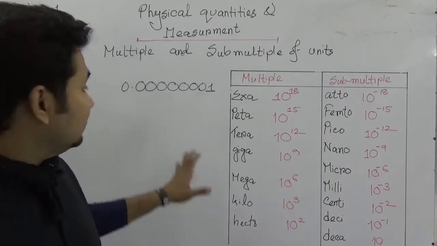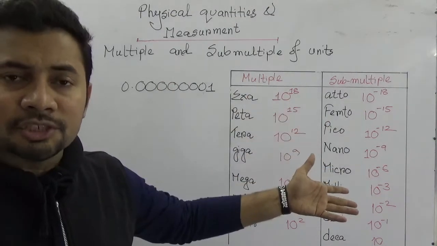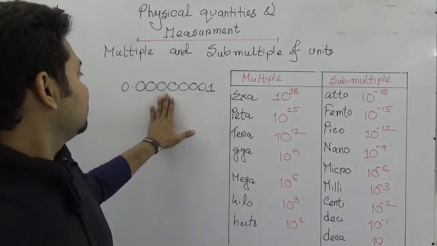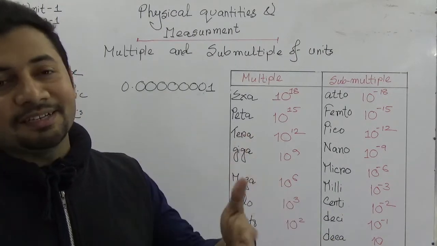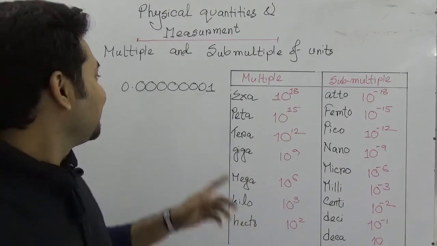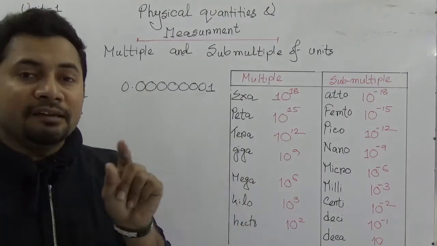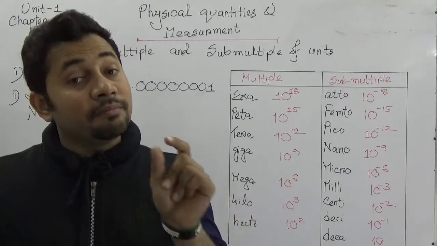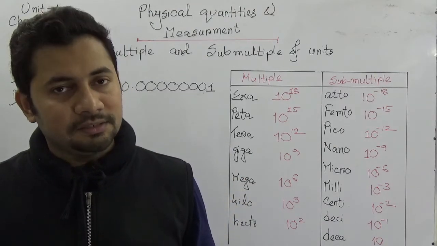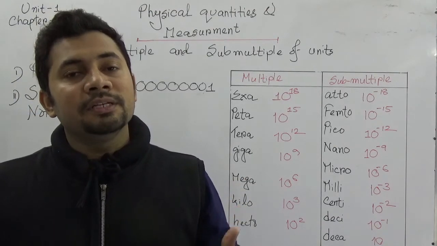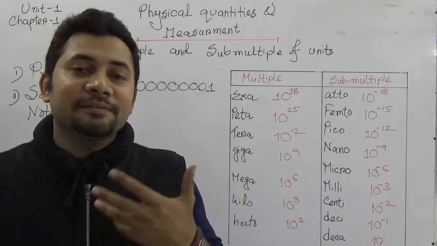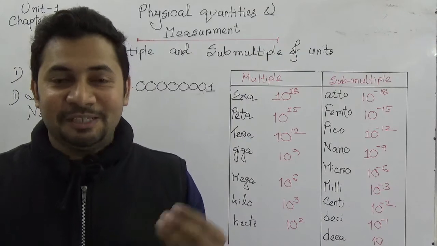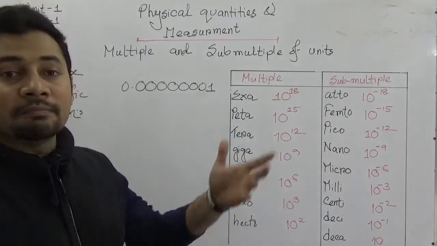If we want to write these things multiple times in our sheet, we may fail to include one 0, and again we can have more zeros in our answer script. If we need to count every zero each time, we may have some error in our expression. That's why we need to think about how we can fix the prefix to express this tiny or even bigger number.